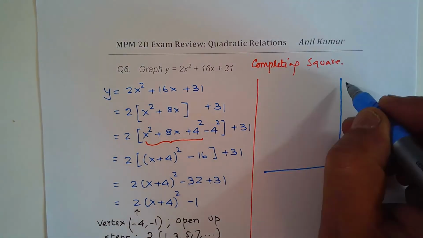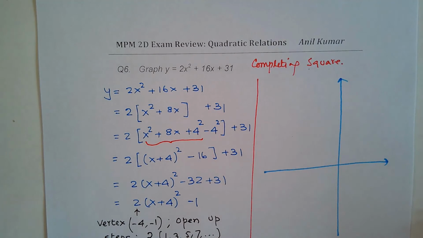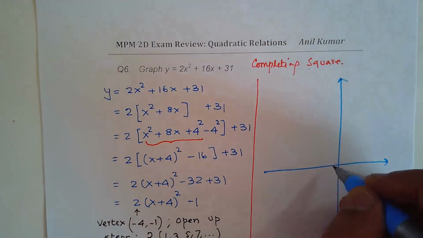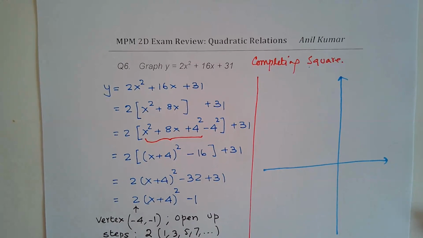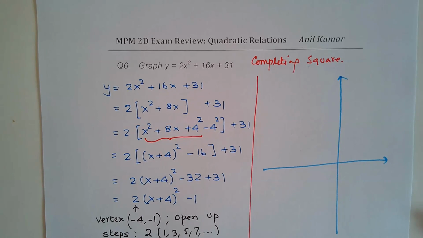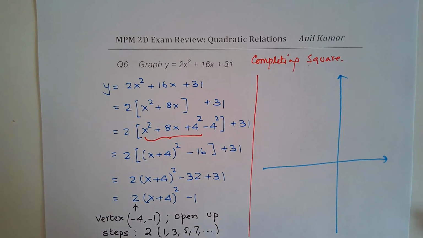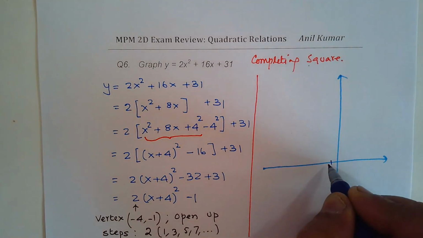Okay. So in this coordinate plane, minus 4 means we'll go to this side, minus 4, minus 1, and the steps are 2, 6, 10, 14, and so on, correct? So those are the steps involved in this particular case. So let's say this is like 1, 2, 3, 4.